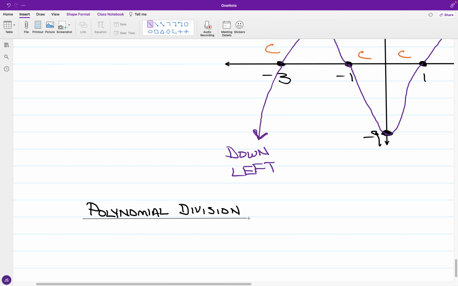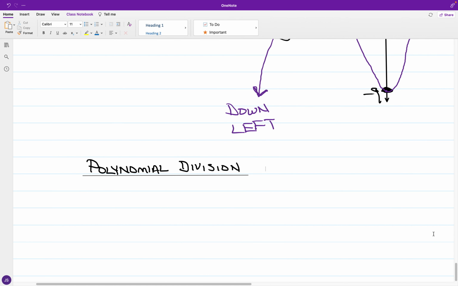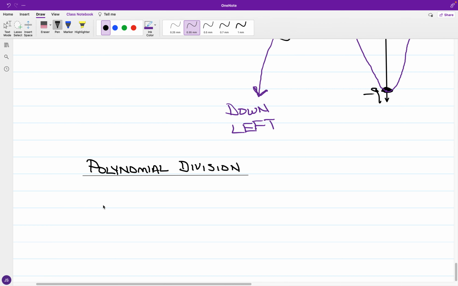For polynomial division, let me give you a case here. And just like in numerical division, you'll be looking at quotient and remainder.